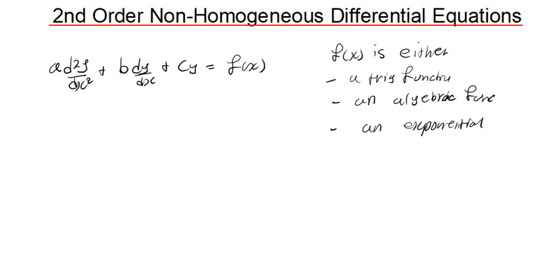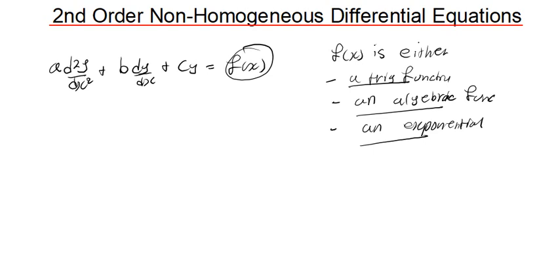So what it is here is that the method that we want to try to use is the method of indeterminate coefficients. Okay, so when you're using the method of indeterminate coefficients, our f of x is either a trig function, an algebraic function, or an exponential function.